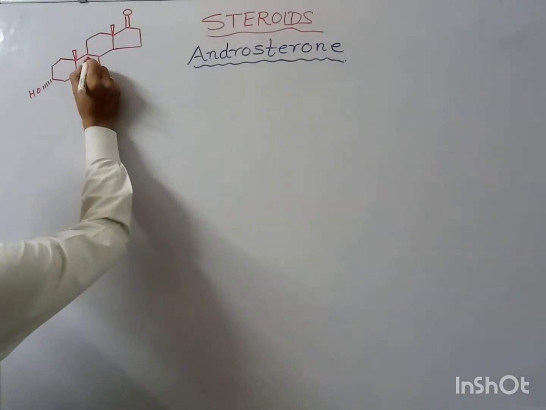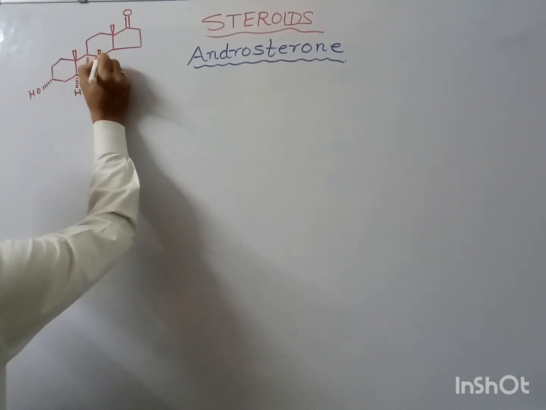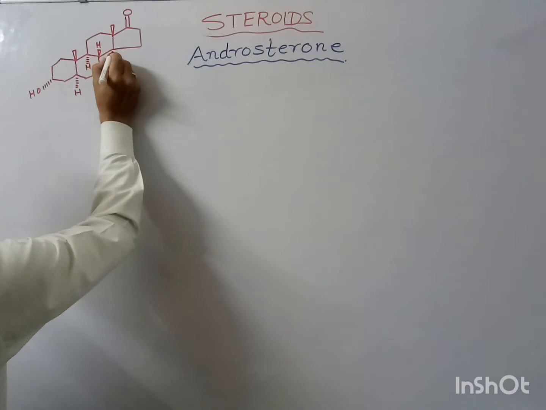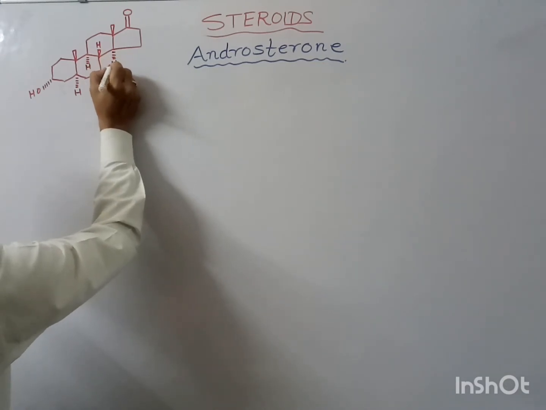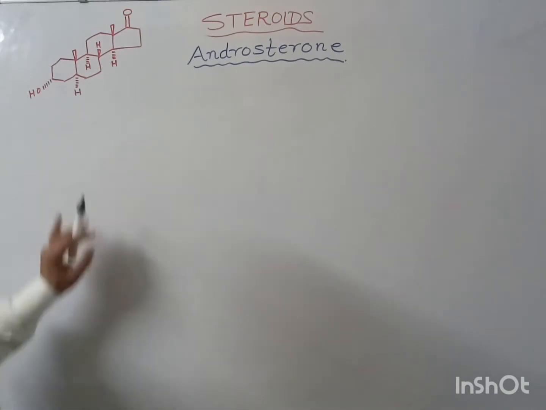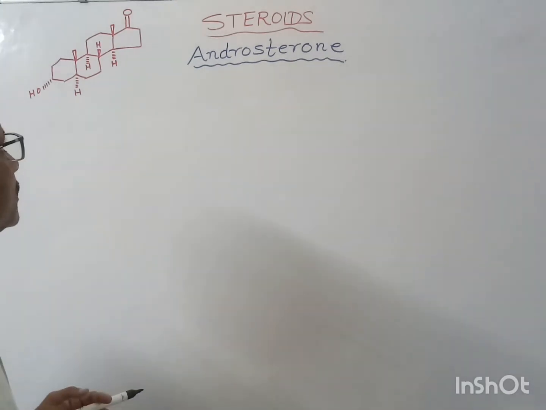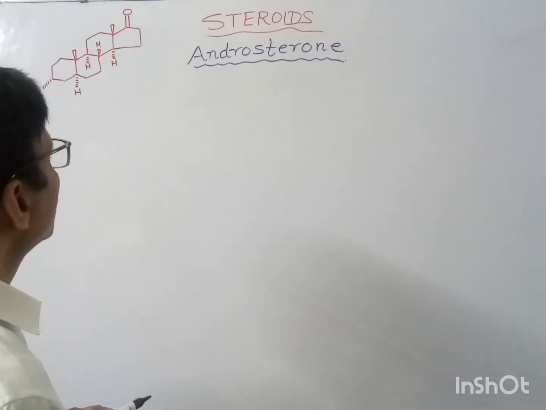Here we can write the hydrogen which is below the plane, here the hydrogen is above the plane, and here the hydrogen is below the plane. So this is the androsterone structure, and it is C19, which is the number of carbon atoms present in the androstane nucleus.